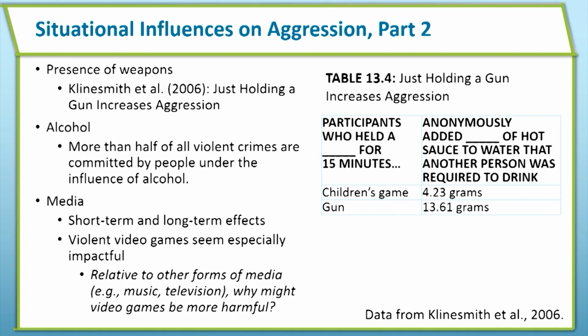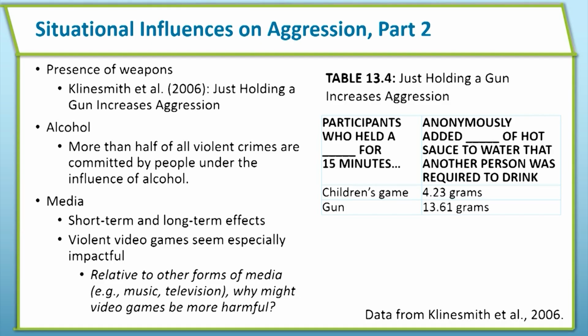So the experiment was that participants held either a children's toy or game, or a gun, for 15 minutes. After they held the children's toy or the gun, they were offered hot sauce to put on a drink for an anonymous person next to them, who would drink it. Whatever amount you want, you put hot sauce on that drink.